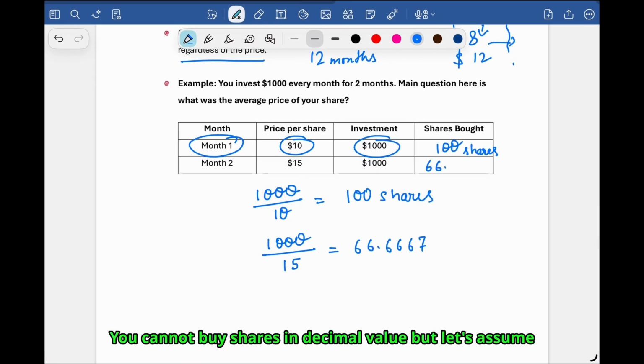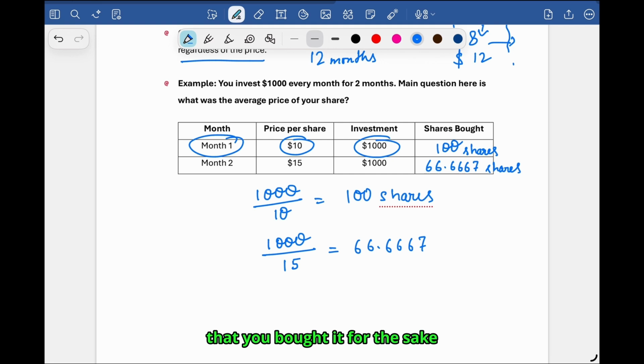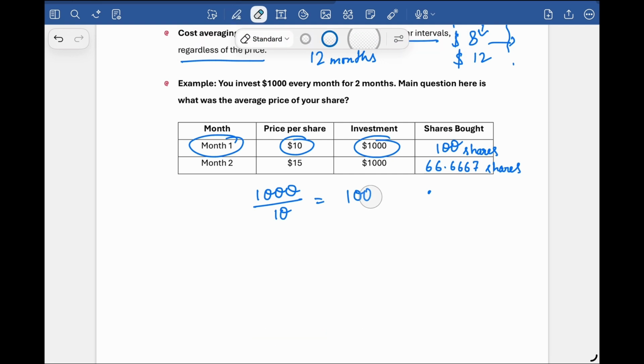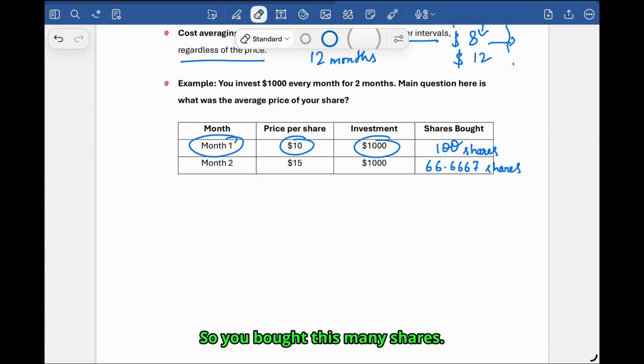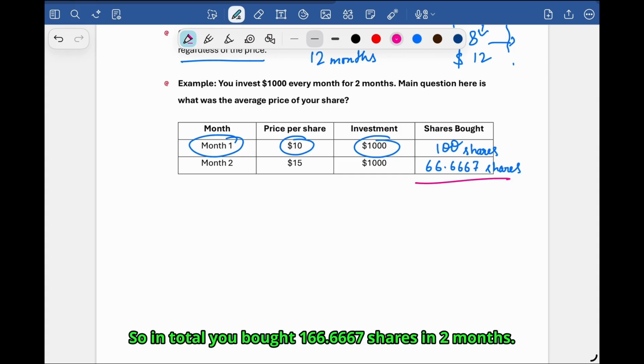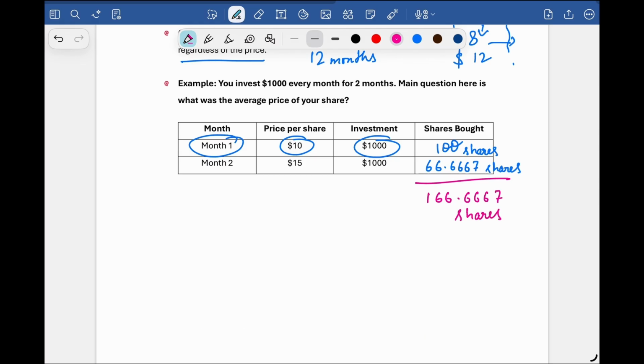You cannot buy shares in decimal value, but let's assume that you bought it for the sake of calculation. So in total you bought 166.6667 shares in 2 months.